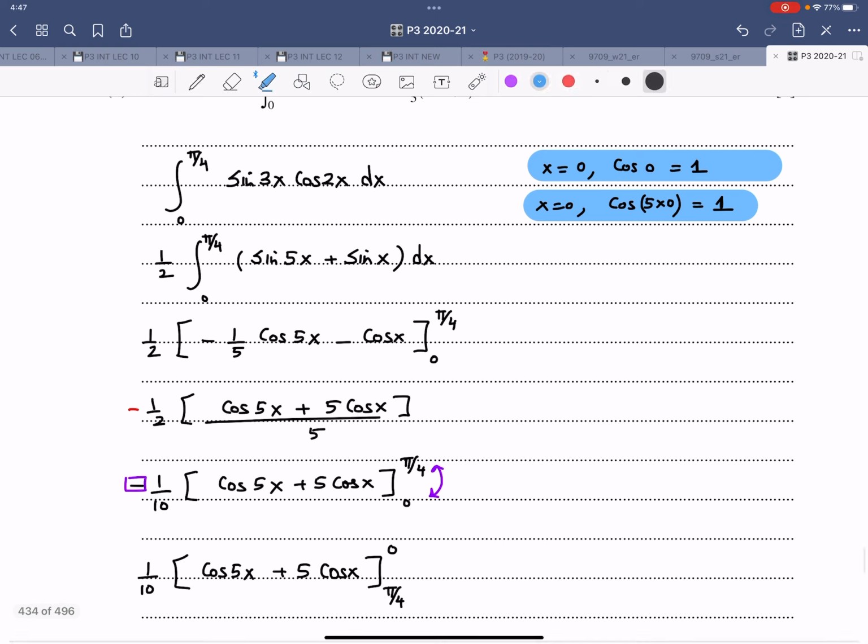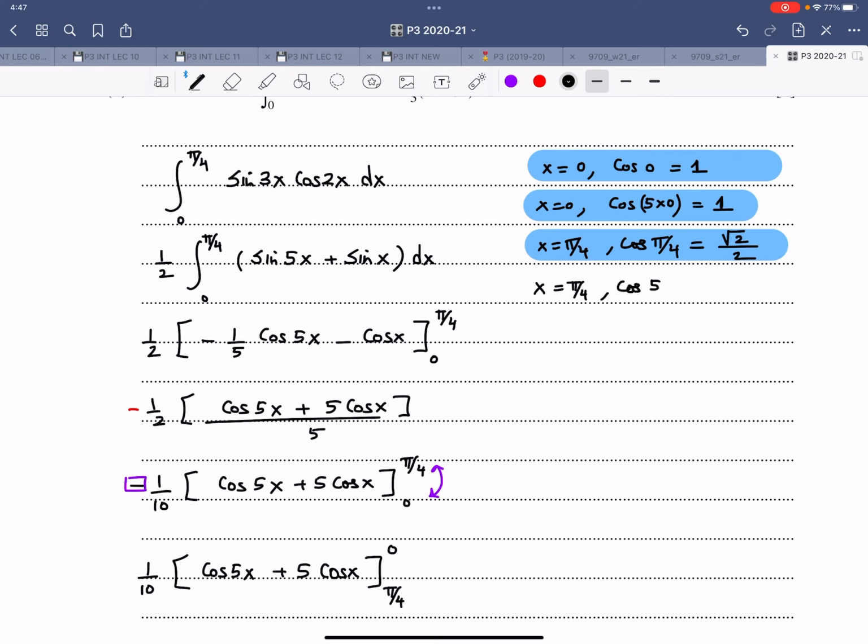Third piece of info. When x is pi by 4, cosine of pi by 4 is 1 over root 2, and in the rationalized form it's root 2 over 2. When x is pi by 4, cosine of 5 pi by 4, that will be in the third quadrant, that would be negative root 2 over 2. So these 4 pieces of info are what is needed for us.